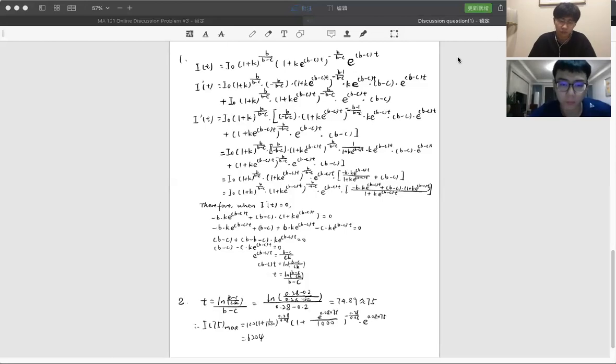So we then simplify this equation so that one side is t and the other side is the expression of t. After simplification, as you can see at the end of our sub-question 1, we have the equation that shows t equals ln of (b minus c) divided by ck, divided by (b minus c).